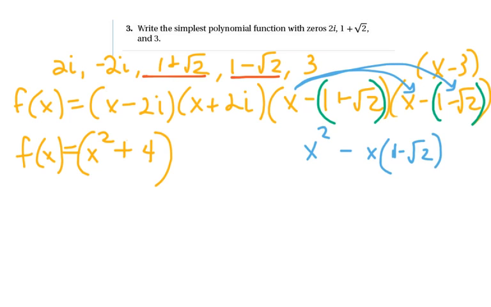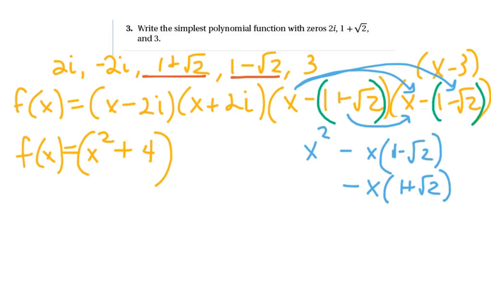Okay? And then, using the blue again, I have this times x, which is minus x times 1 plus root 2.